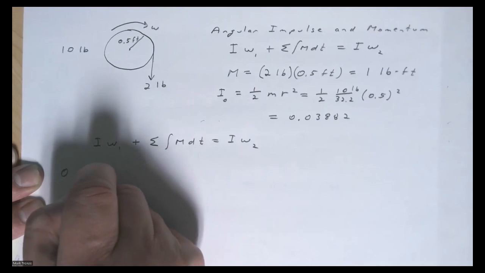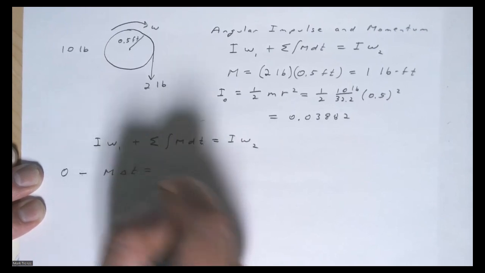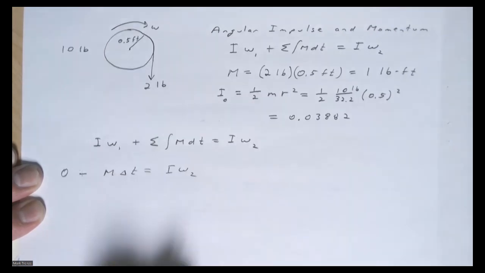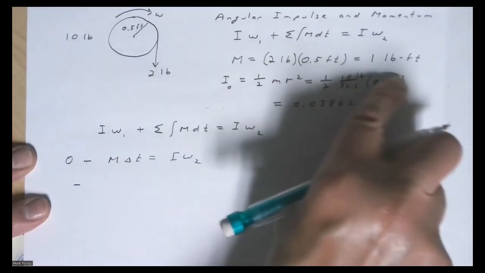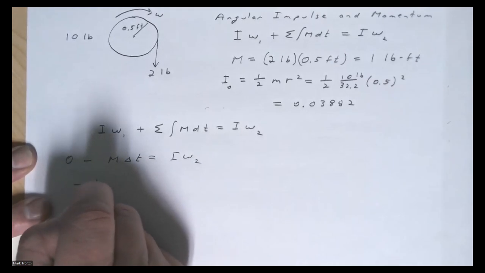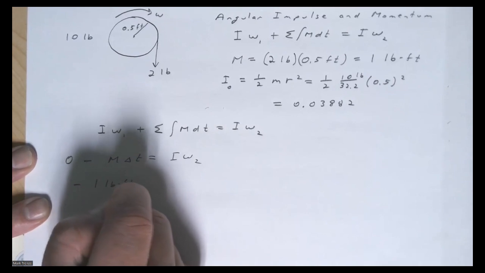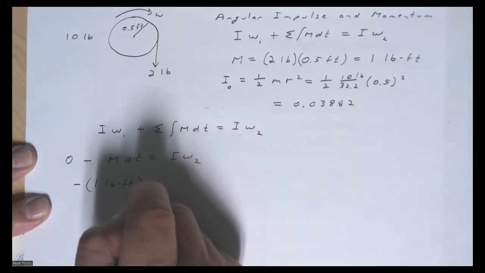Since the moment's constant, this is going to be M delta t is I omega 2. So this is going to be 1 pound-foot, and I want to know what's going to happen after 4 seconds.